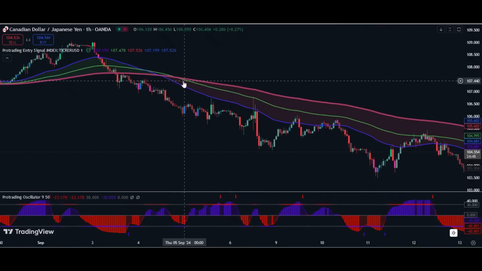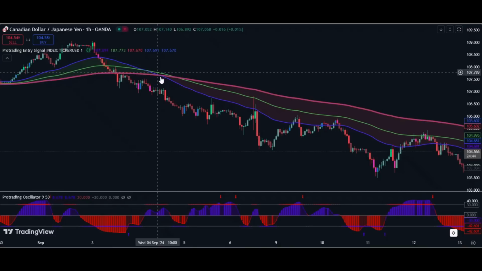When the 50 crosses the 100, and the 100 crosses the 200, from this very particular point, you have identified a downward trend.